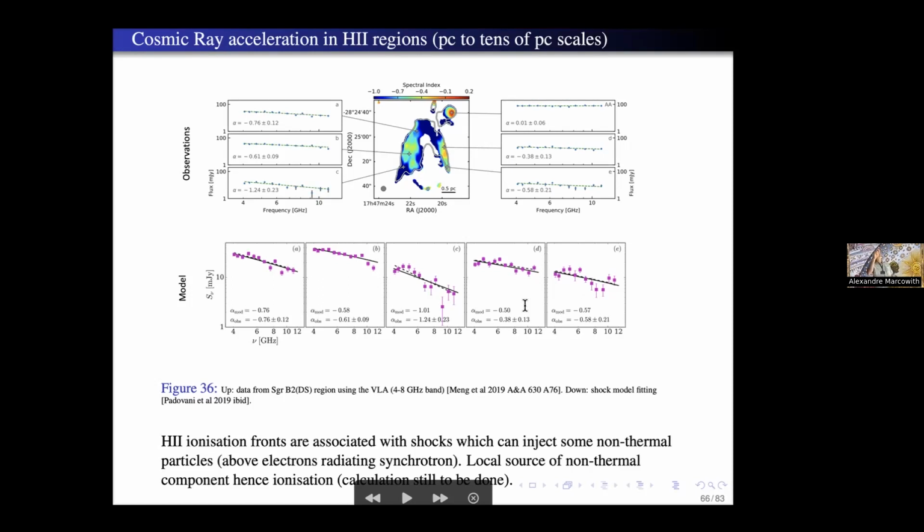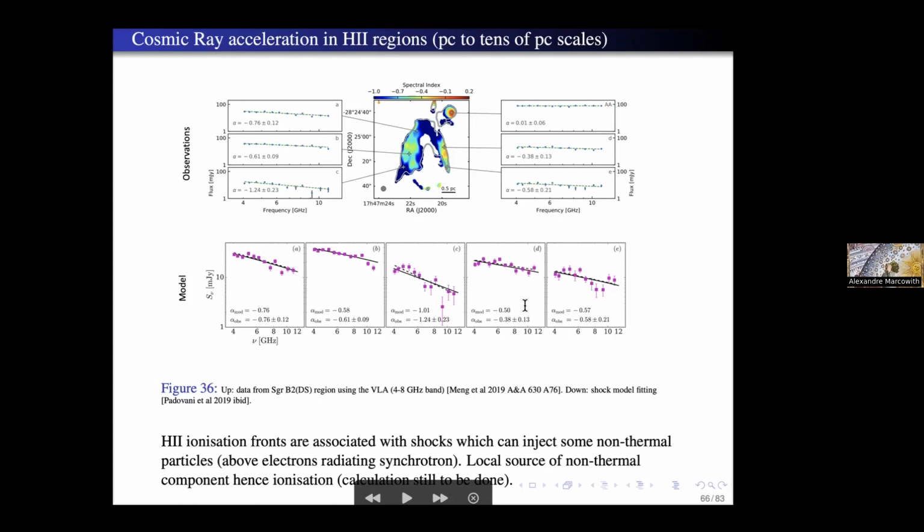Here is an example of the galactic center. It's the Sagittarius B2 molecular cloud at the galactic center, observed in radio by the VLA, which shows in different parts a very non-thermal negative spectral index, which is synchrotron radiation. So we have a model for shock acceleration.